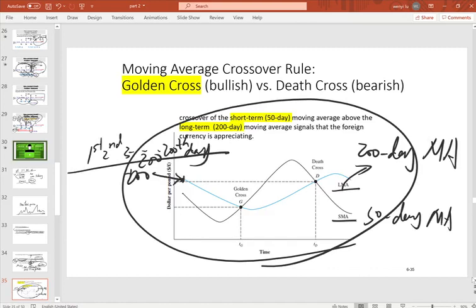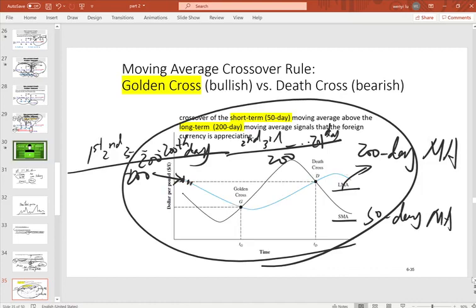Then the second dot will be from the second day, third day, until the 201st day, and you average again, so that's the second dot. You keep doing the average price for every 200 days, continuously. You get a long-term moving average curve. Same thing for the short-term.